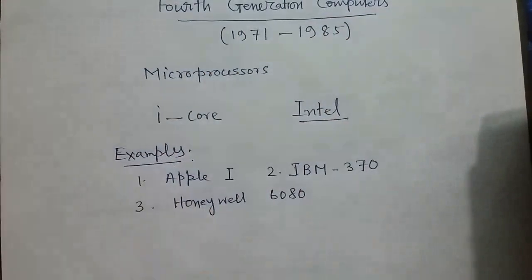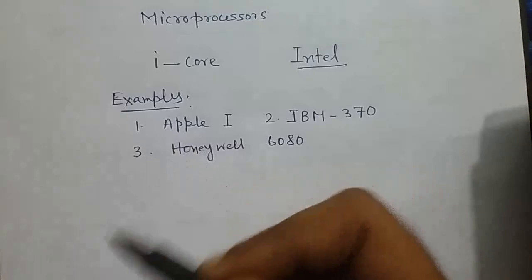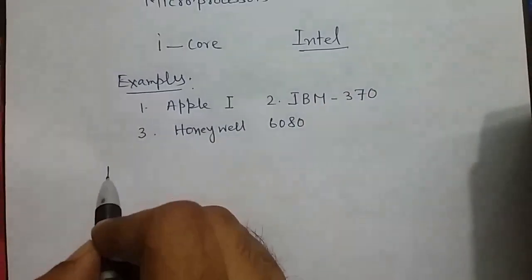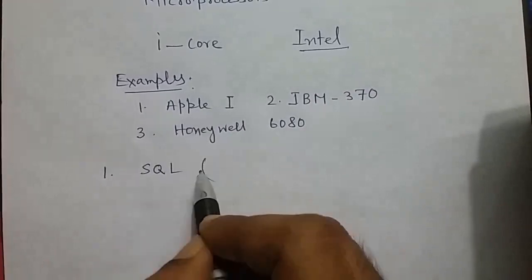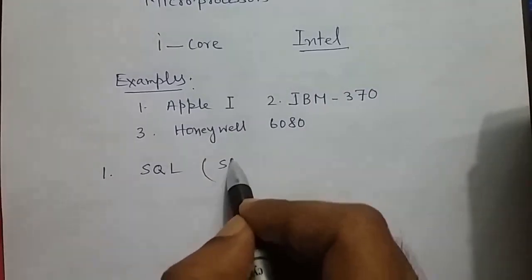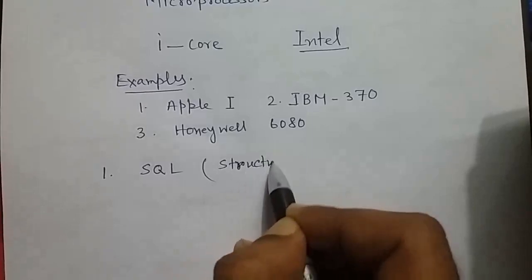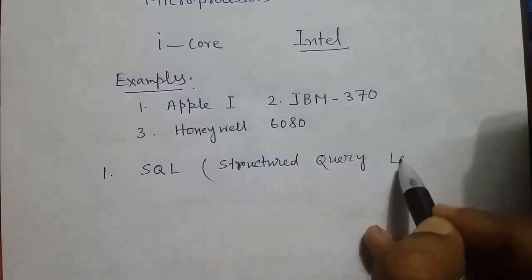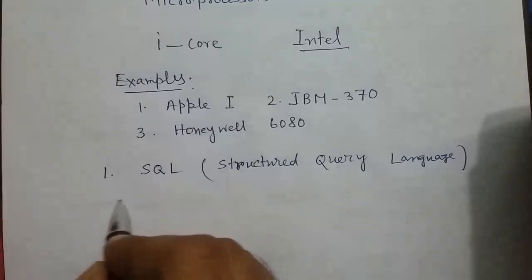And some programming languages or other computer languages were also developed in this generation. Some of them are: number 1, SQL. SQL is an abbreviation, the full form is Structured Query Language.